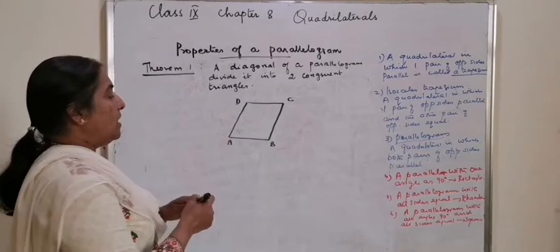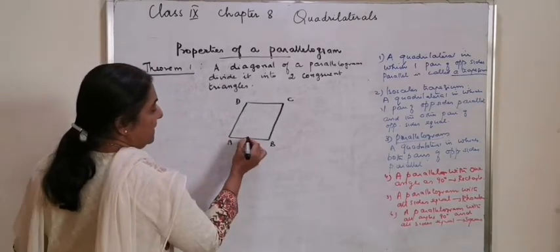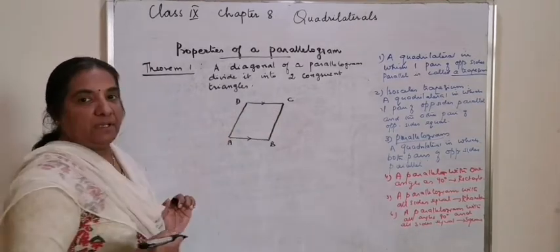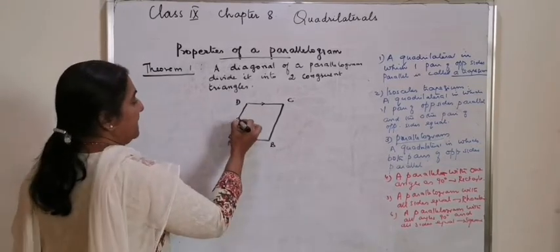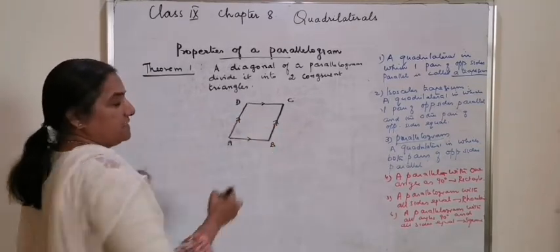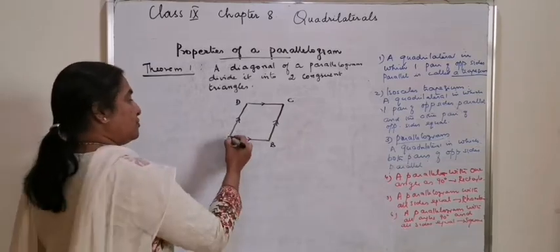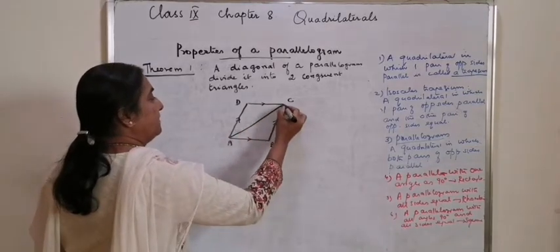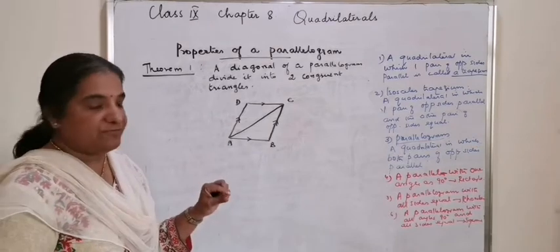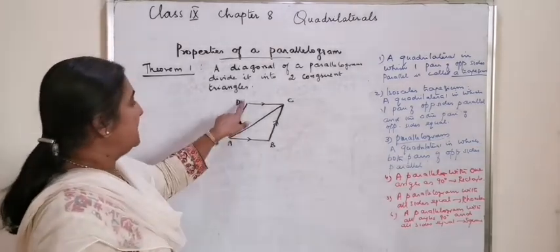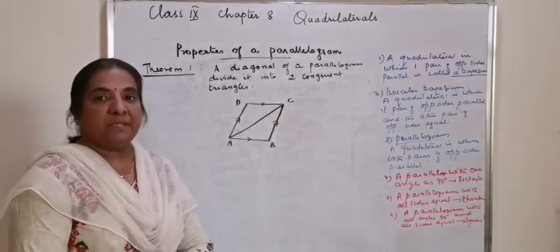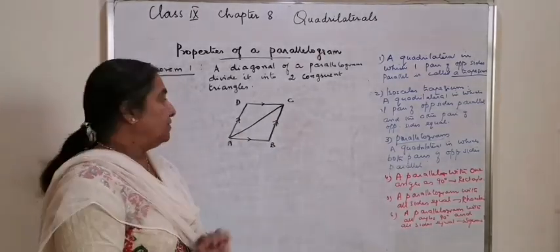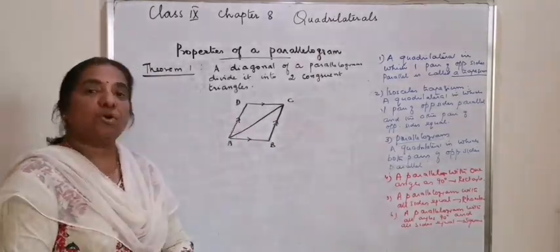That means you are given a parallelogram ABCD in which AB is parallel to CD and AD is parallel to BC. If you draw one of the diagonals, there are two triangles formed here, triangle ADC and triangle ABC. The theorem states that the two triangles will be congruent.